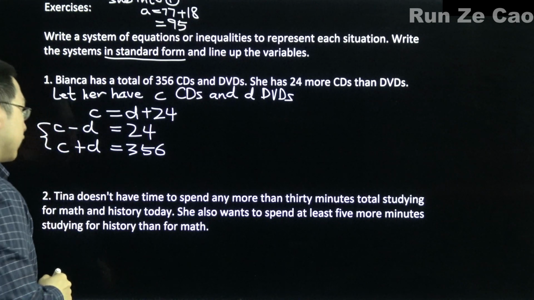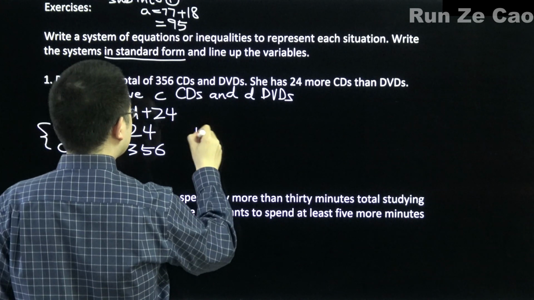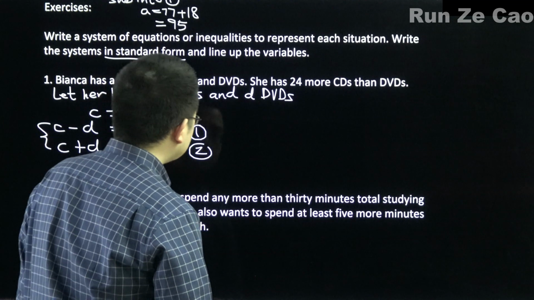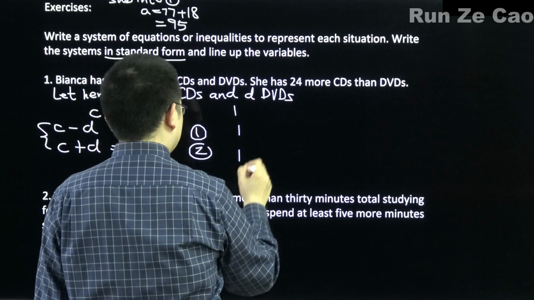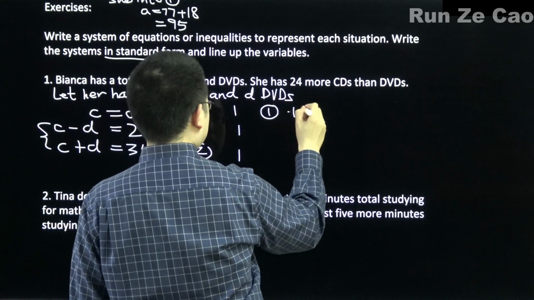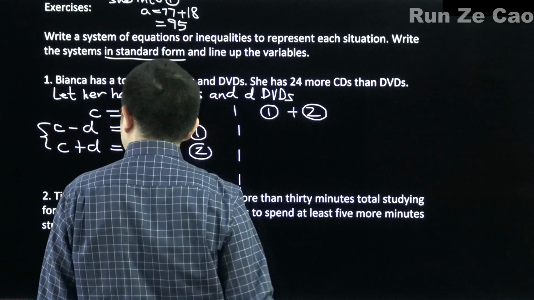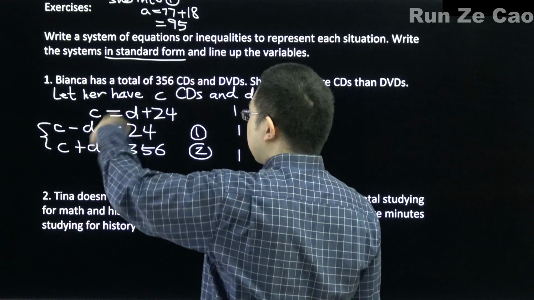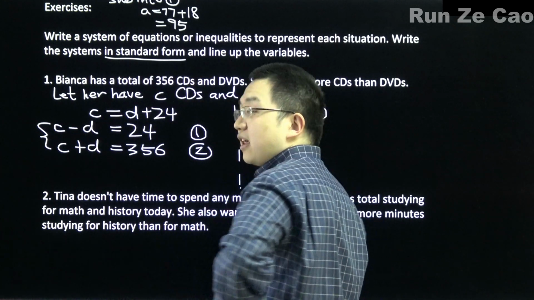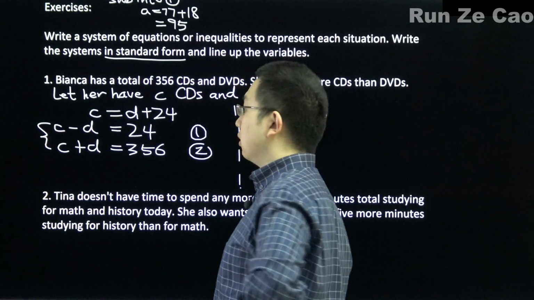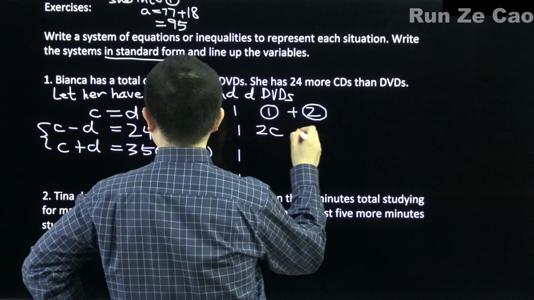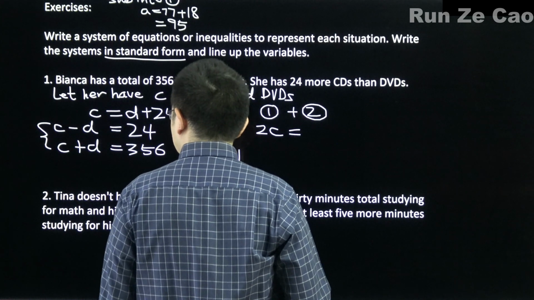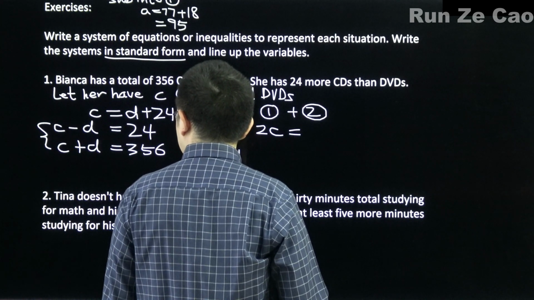If we were to solve this, I would number these off. You add these expressions together, and what do you have on the left side? You have C minus D plus C plus D. The minus D and plus D cancel out, so you end up with 2C is equal to 24 plus 356. 376, 380.